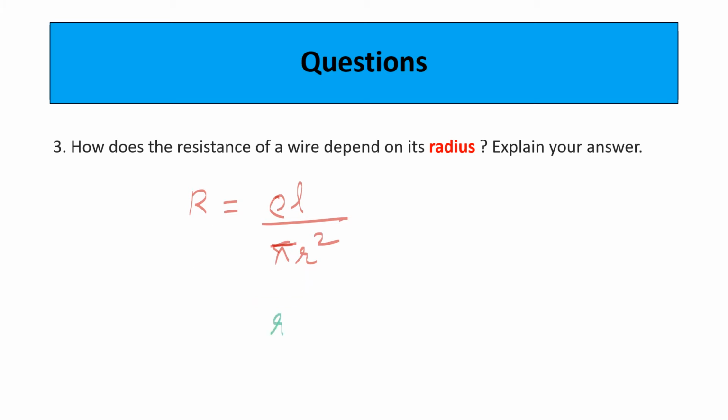That is, if r increases, this R decreases, and vice versa. If this r is doubled, that means instead of r, if you substitute 2r, 2r the whole squared is 4r squared. If this becomes 4 times, then this R becomes 1/4.